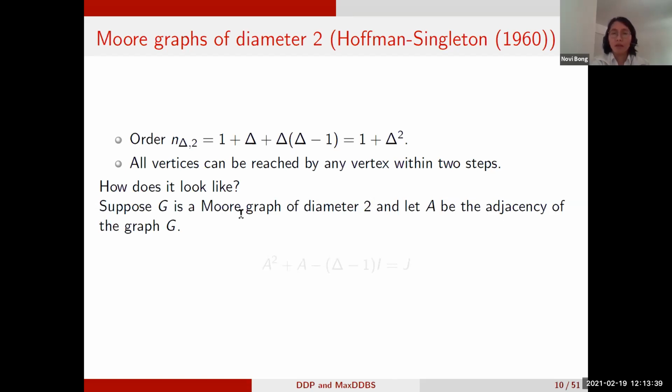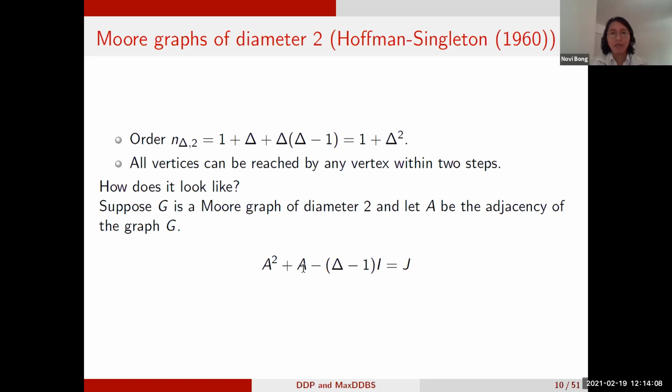Suppose G is a Moore graph. Suppose that a Moore graph of diameter 2 exists, and let A be the adjacency matrix of the graph. We represent the graph in terms of A, and because it has to reach every other vertex in 2 steps, we have the following equation. A squared tells us the walks of length 2 from one vertex to another.